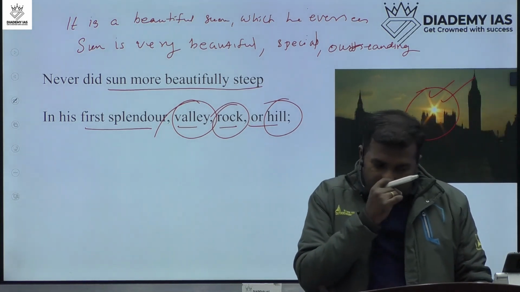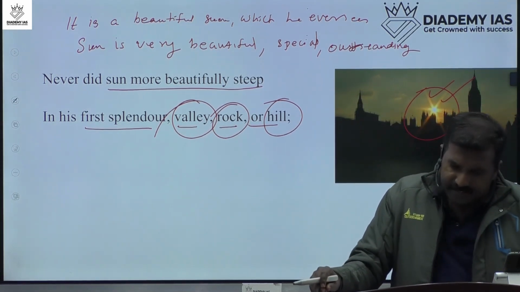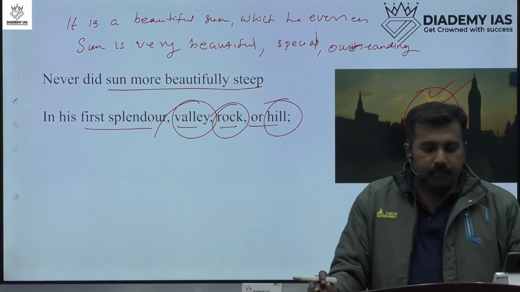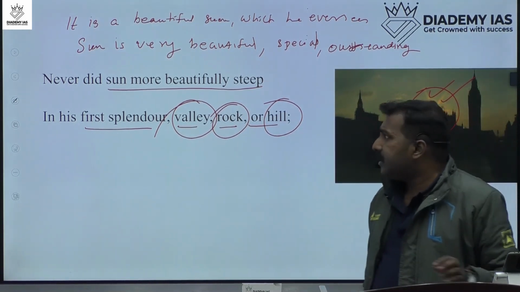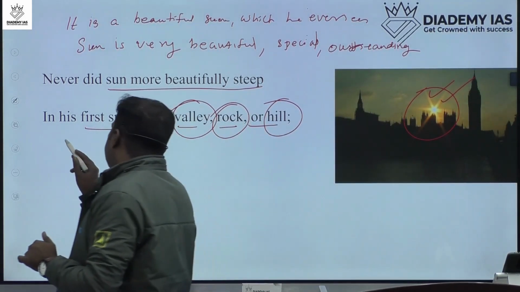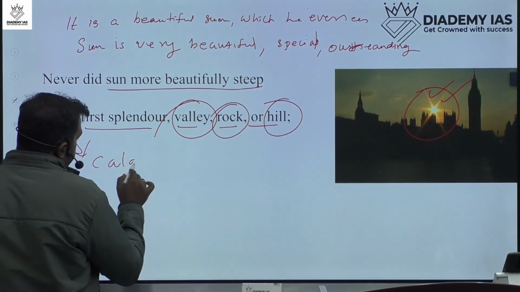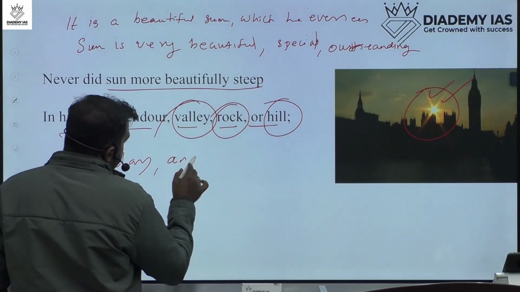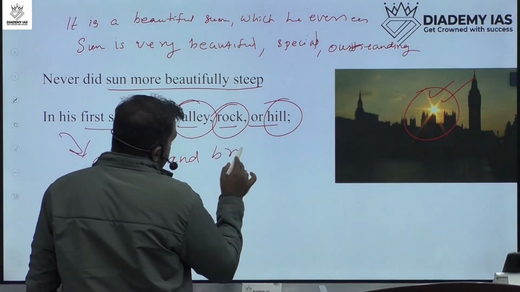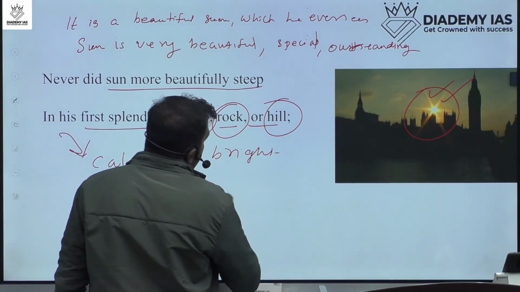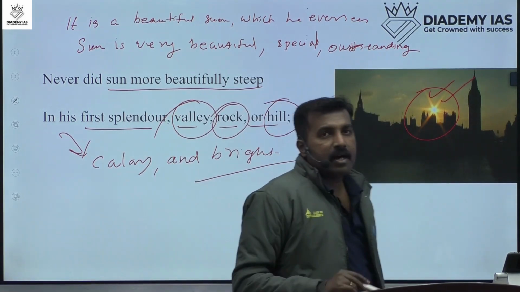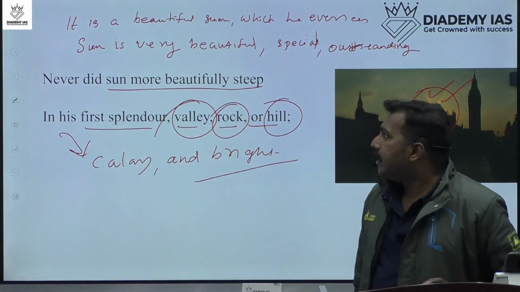That is the meaning of these lines. Okay, and he says that the beauty of this sun rising with calm and bright. Okay, so that is the meaning of this line.